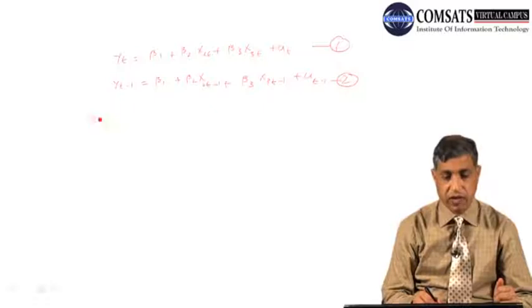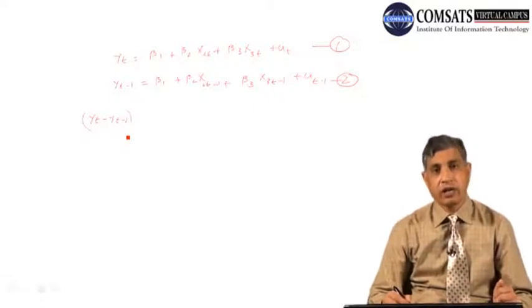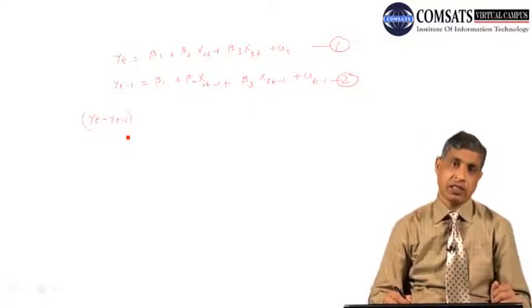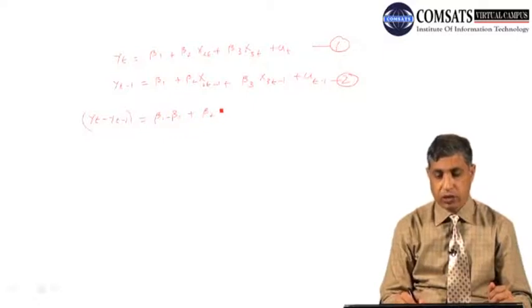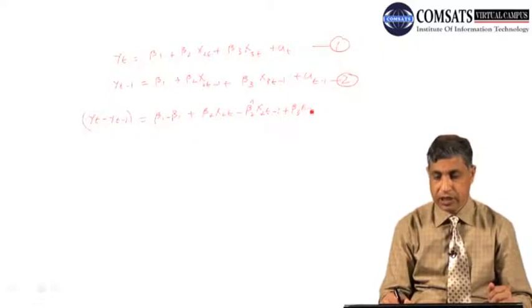Yt minus Yt-1, the current value minus the previous value, will equal beta1 minus beta1 plus beta2 X2t minus beta2 X2,t-1 plus beta3 X3t minus beta3 X3,t-1 plus ut minus ut-1.